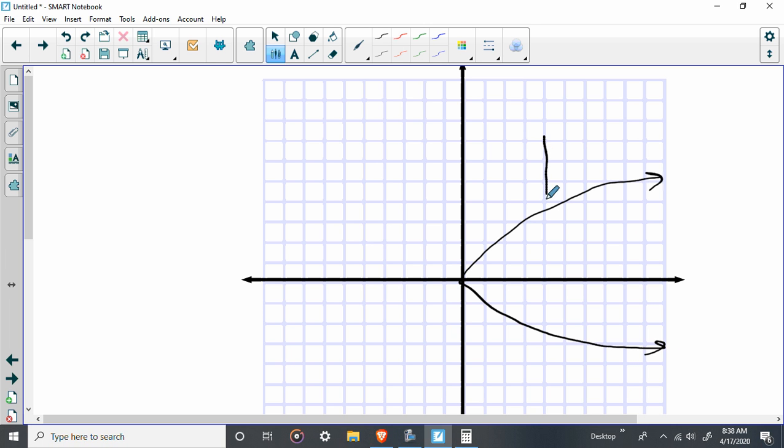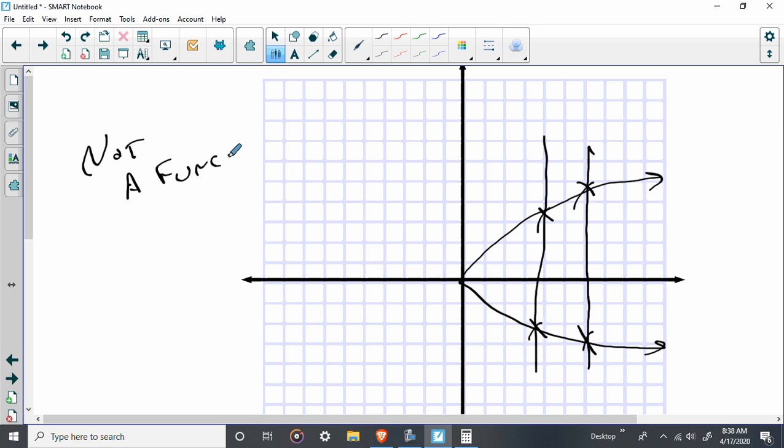And the answer is no, because if I start drawing vertical lines, I'm sorry, I need to draw them straight up and down. It's very hard to do on this pad. So no, this is not a function. You say why? It fails the vertical line test.